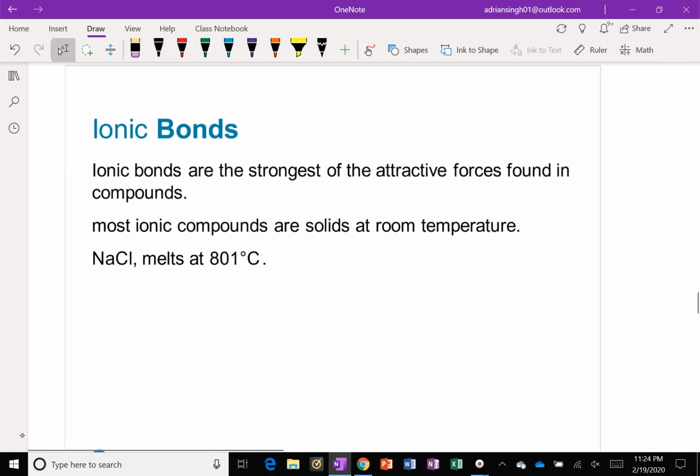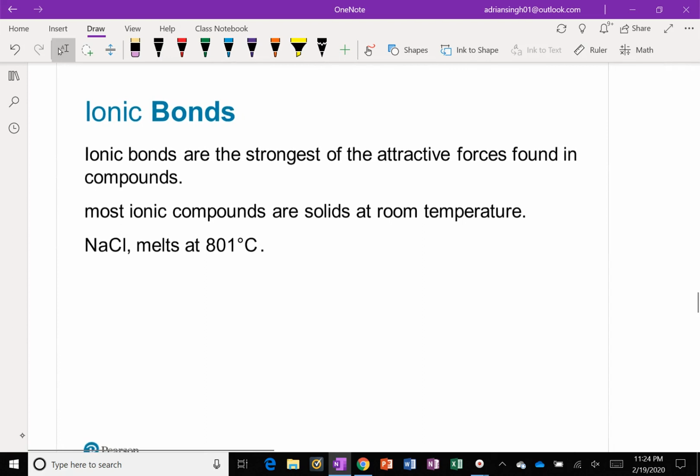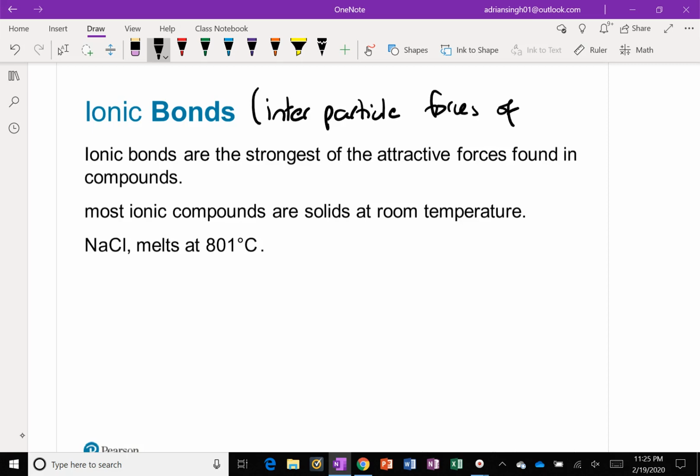The last type of interaction we're going to take a look at here are the ionic bonds, which we saw back at the beginning of the chapter. We're going to refer to these as interparticle forces of attraction. So they're not strictly or technically intermolecular, but they're still sort of grouped in this general category.